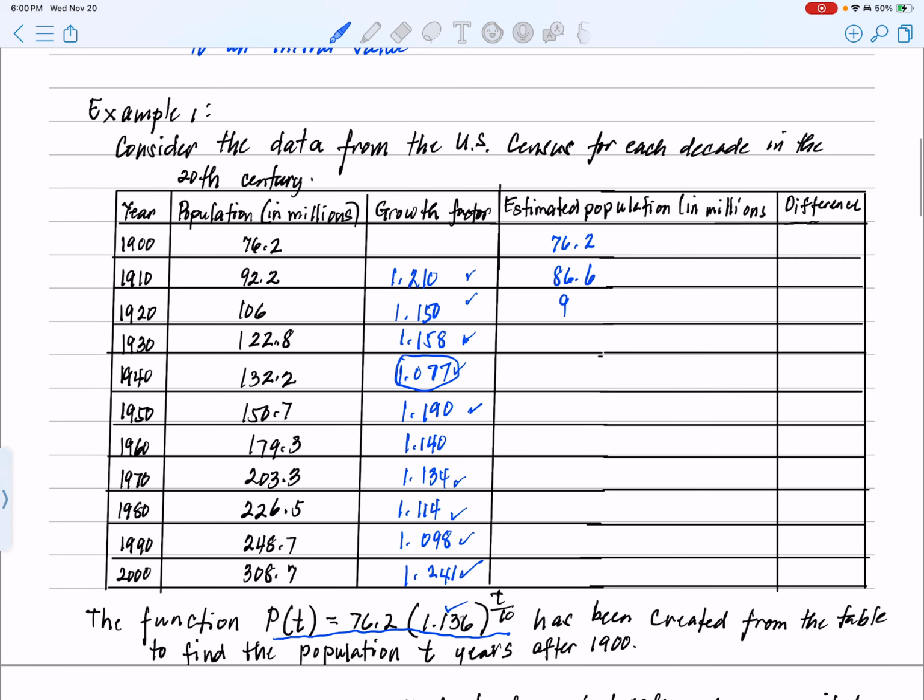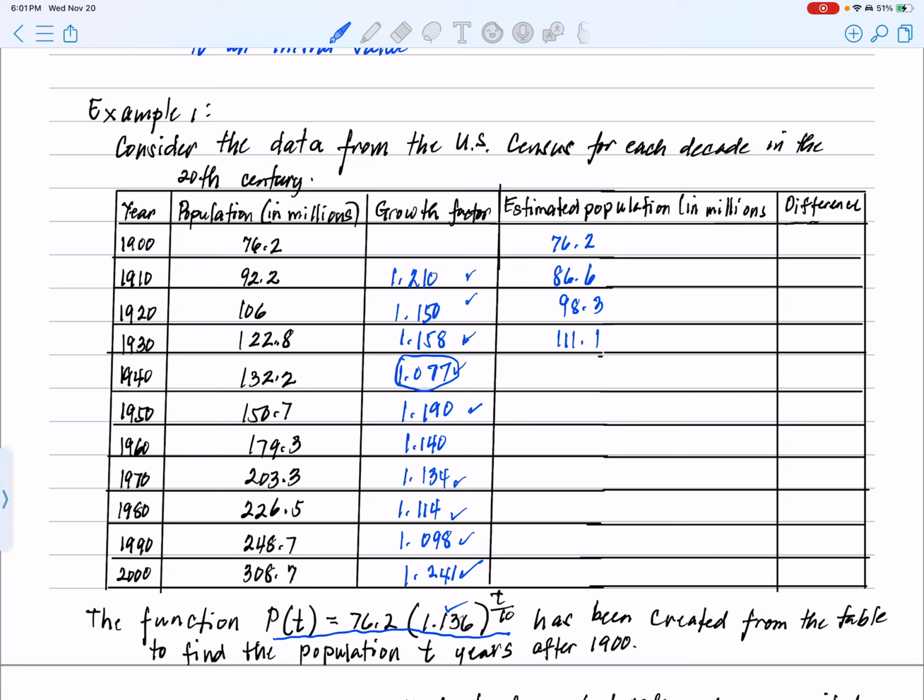Right? Do the same thing, the same process. 98.3 times 1.136, you come up with 111.1.